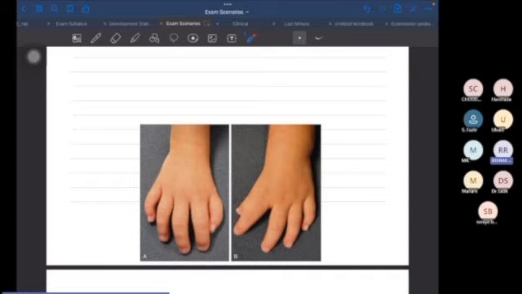You can appreciate a mild heave on the right parasternal area.